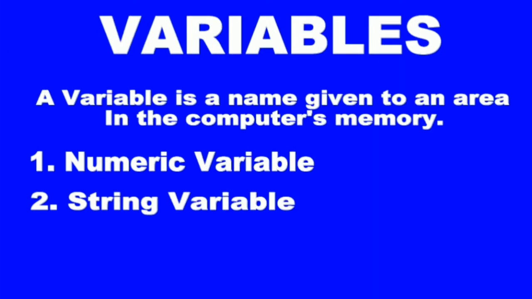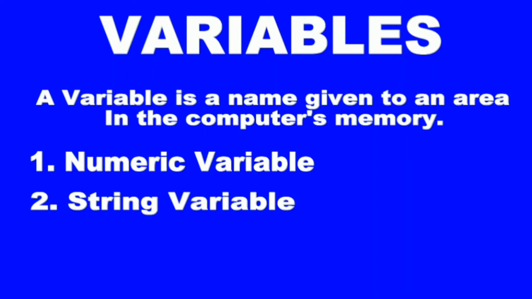Now let us see what is a variable. A variable is defined as a name given to an area in the computer's memory. As you know, data used in a program has to be stored in computer memory, and a variable is used to access that memory later on in the program.